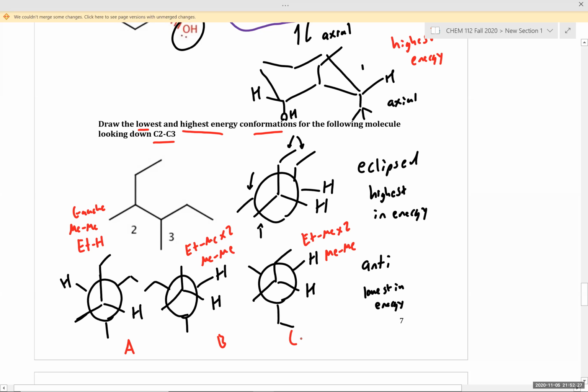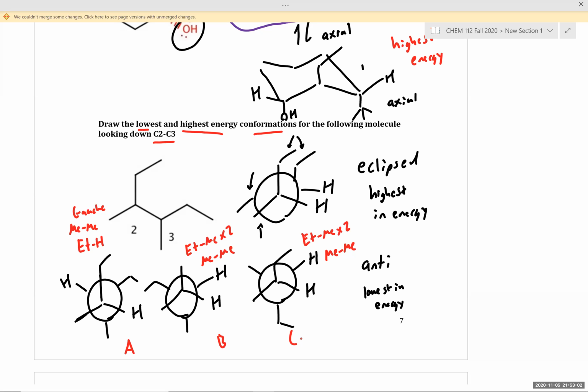A, B, or C? What does everyone think? Wouldn't it be C because the ethyl and methyl group are the farthest away, or?